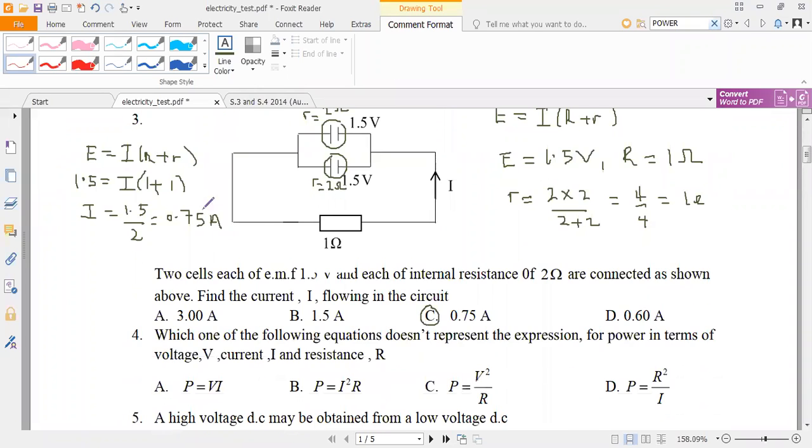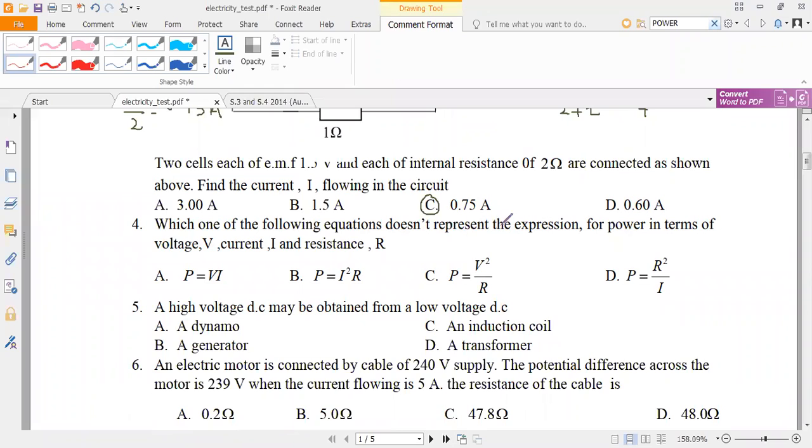Number 4 says, which one of the following equations does not represent the expression for power in terms of voltage and current? To get the correct answer here, we have to derive each of the various formulae, different forms in which we can write power. We all know that power is given by the formula IV. And from Ohm's law, V is equal to IR, the mathematical form of Ohm's law.